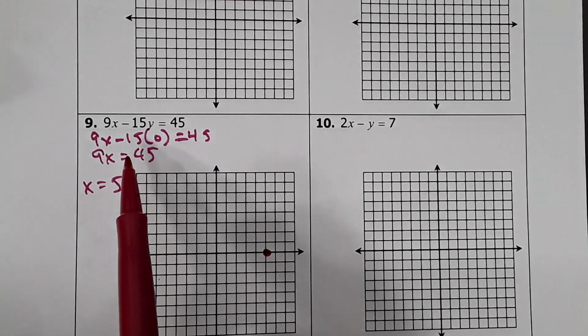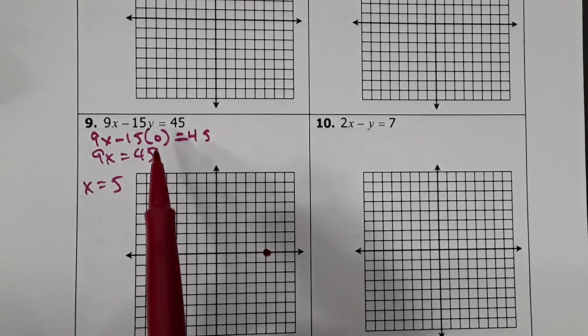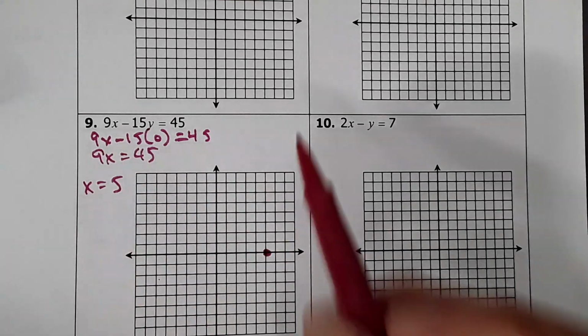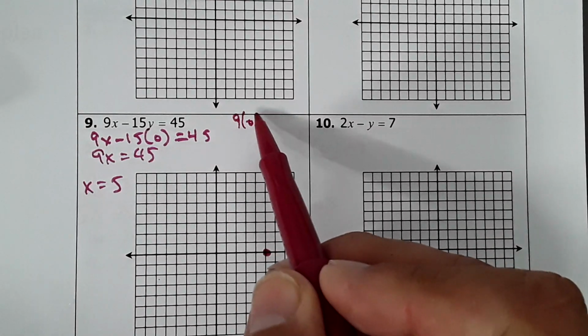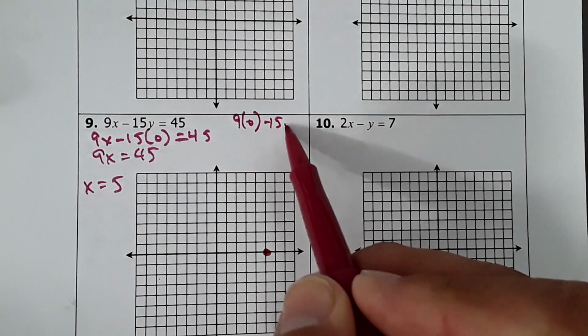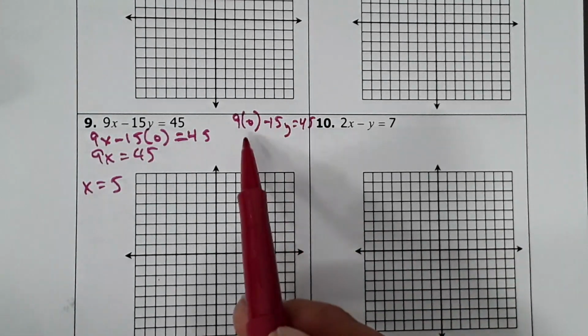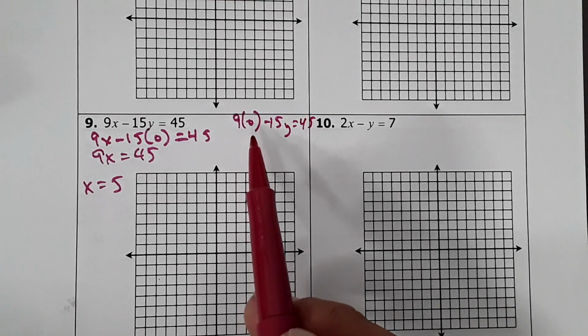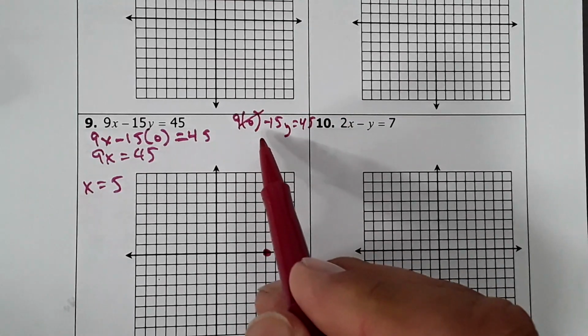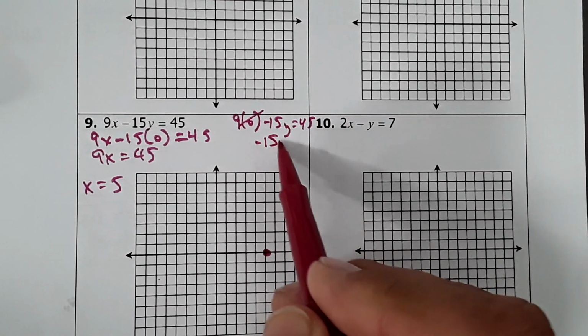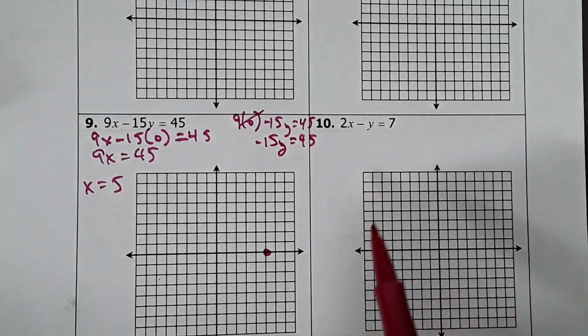To find the y-intercept, I'm going to go back and repeat that process, but now I'm going to plug a 0 in for x. So 9 times 0 minus 15y equals 45. Well, 9 times 0 is 0, so that goes away. And I'm just left with negative 15y equals 45.